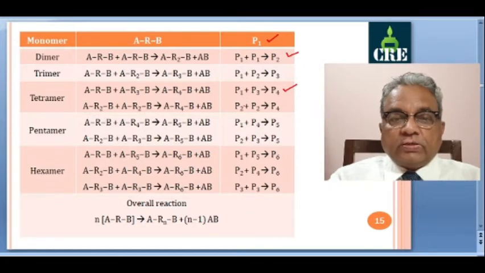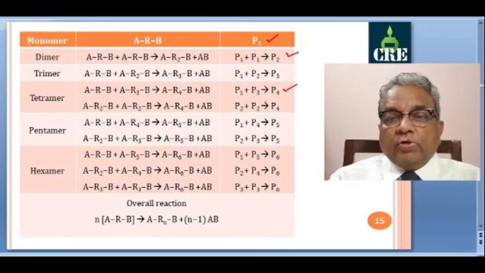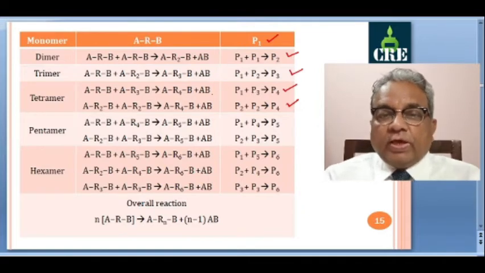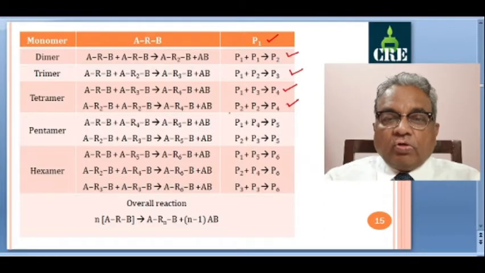P4 can also be formed, that is tetramer can be formed, from the combination of 2 dimers, AR2B plus AR2B giving you AR4B. So P2 plus P2 giving you P4.